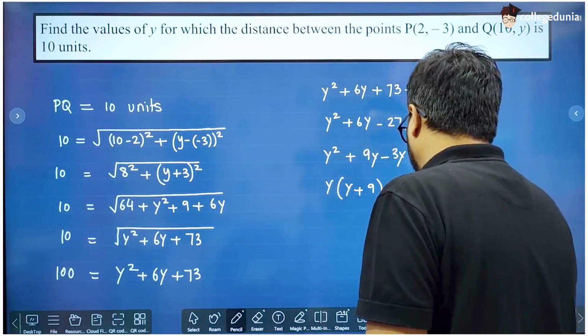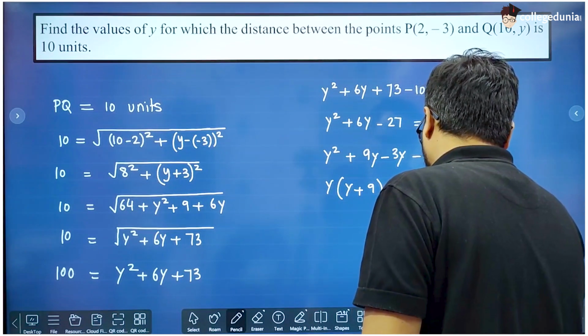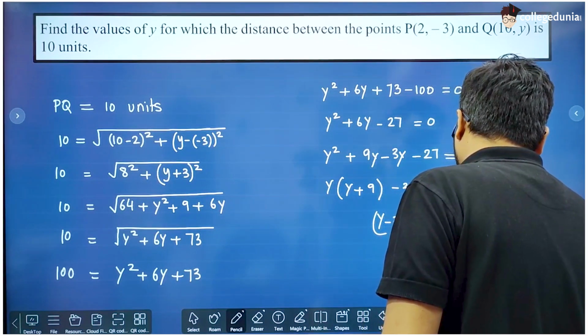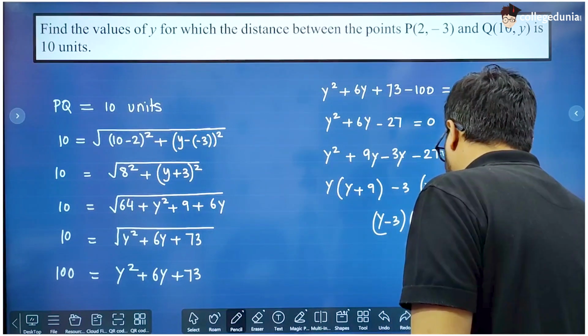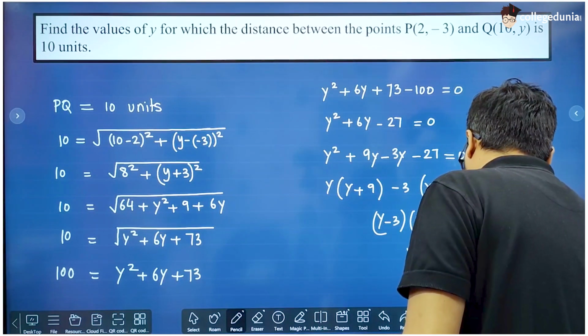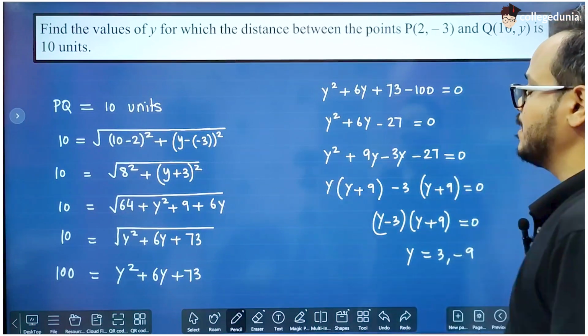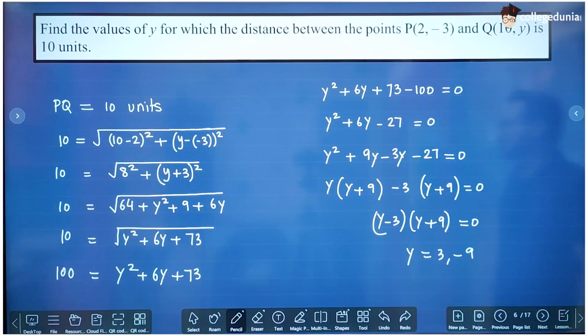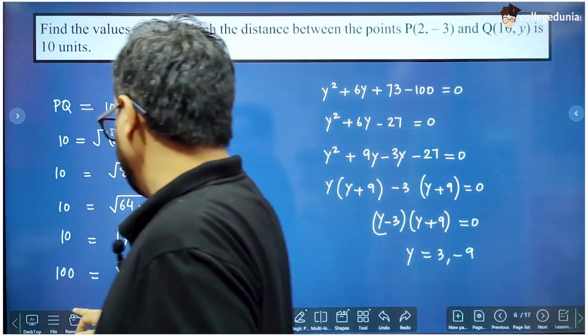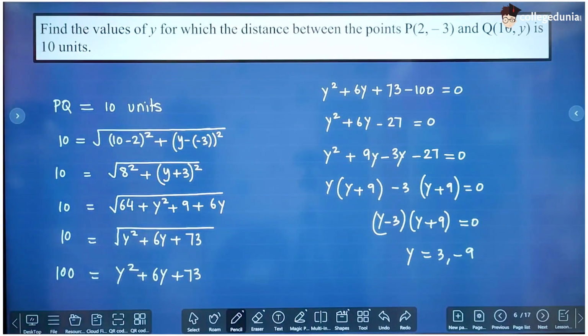So we get two factors, y minus 3 and y plus 9 equal to 0, which gives us y as 3 or minus 9. So these are the two possible values of y so that the distance between P and Q is 10 units, right?